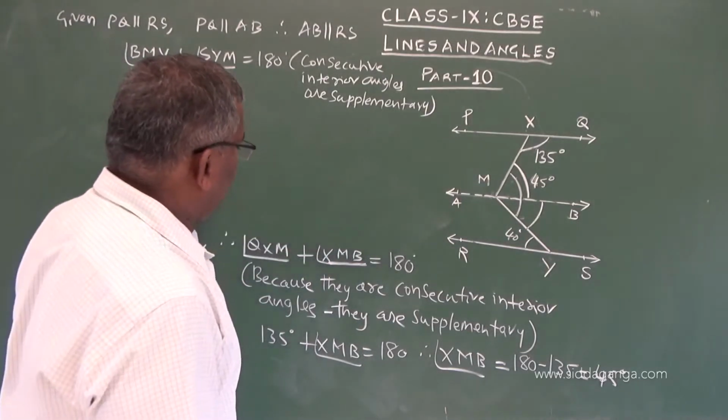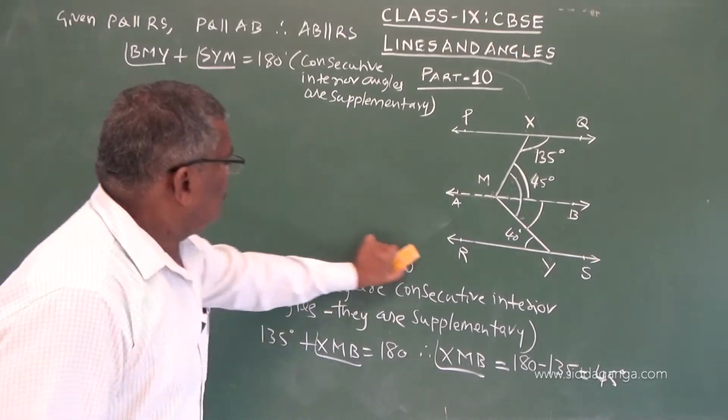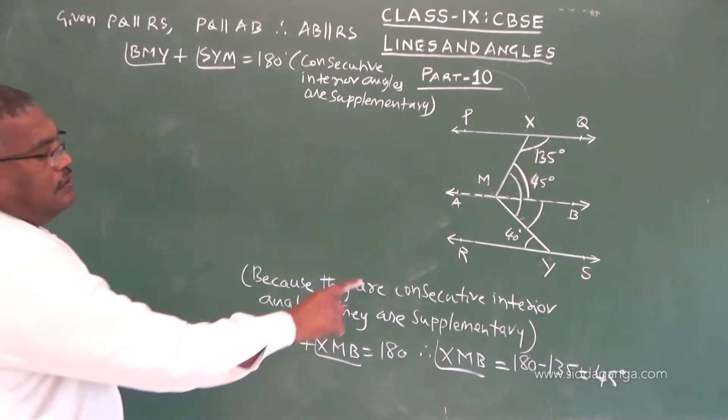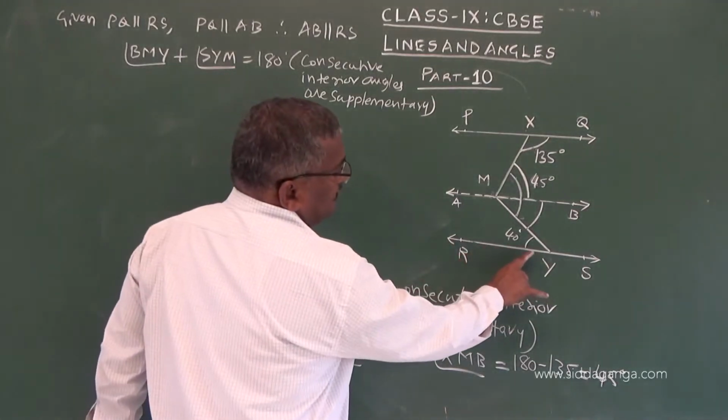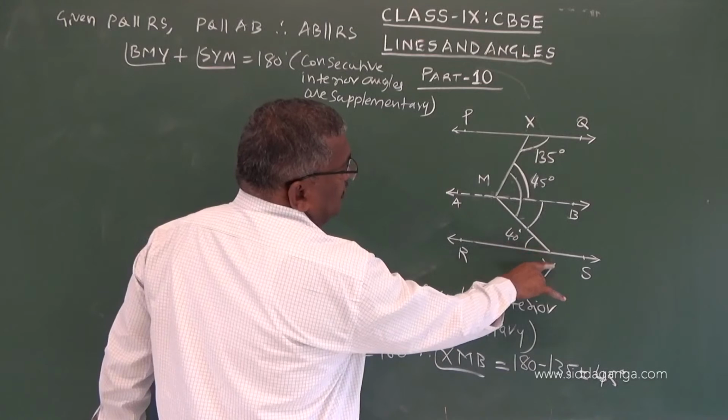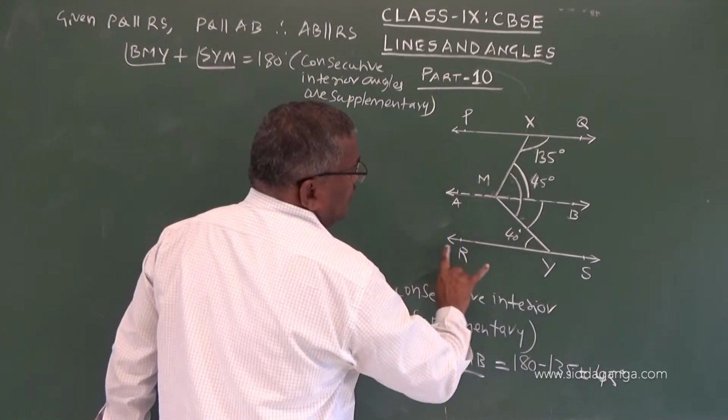So now you can observe here, this is 40 degrees. YM is a ray standing on RS.